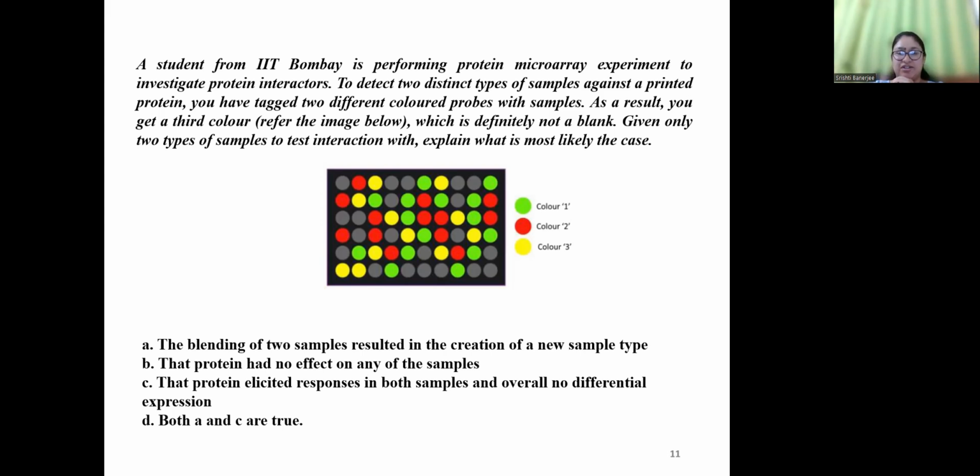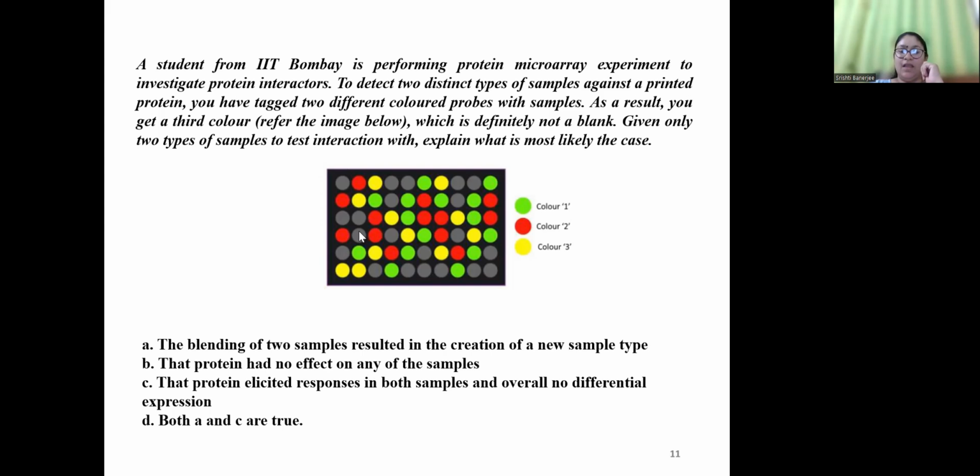Now coming to the question, suppose you have to distinguish two different types of samples. What are you going to do? Let's think that you have generated antibodies against your samples, and you're going to see if those antibodies are reacting with these proteins or not.